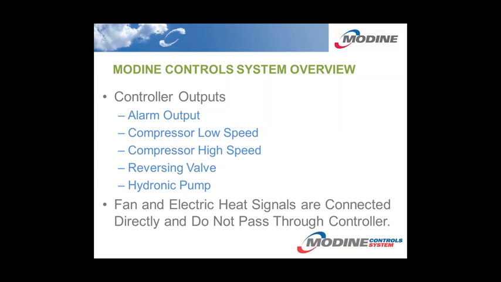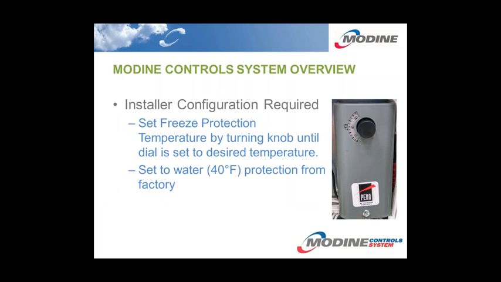And as I mentioned, the fan and electric heat signals are connected directly to the fan and don't pass through the controller. And what that means is there's no variability on the fan speed or air volume. However, we do use ECM motors, so those will provide constant airflow for your application.